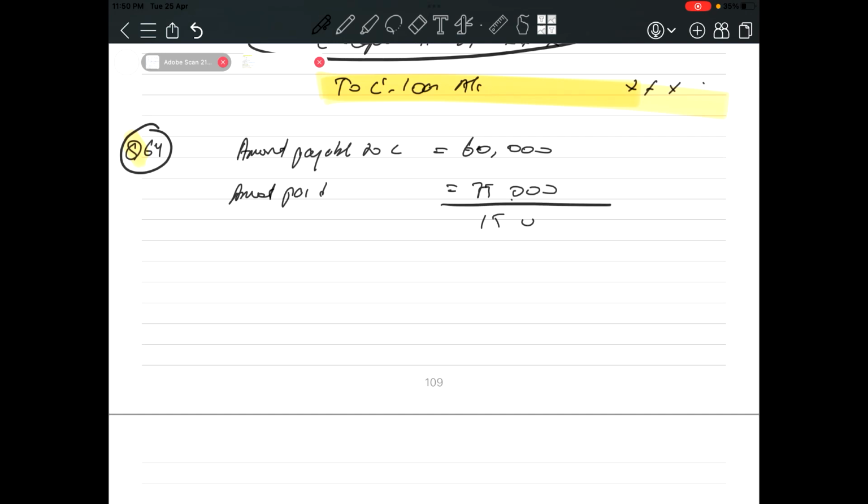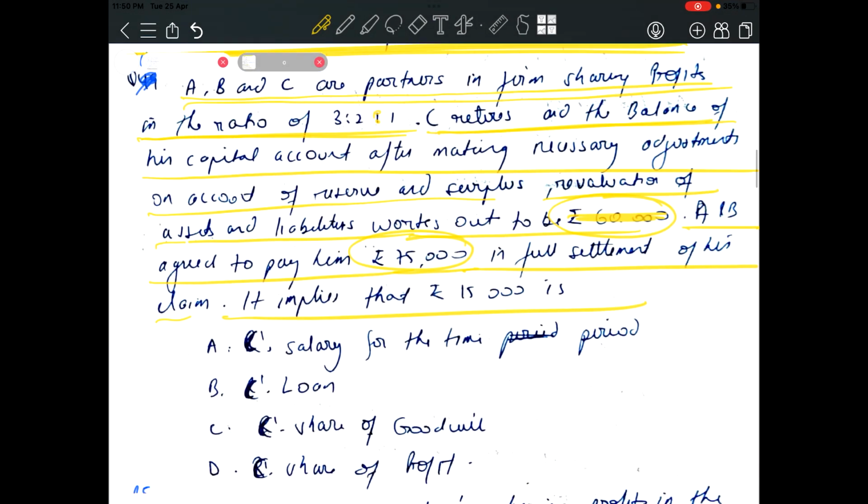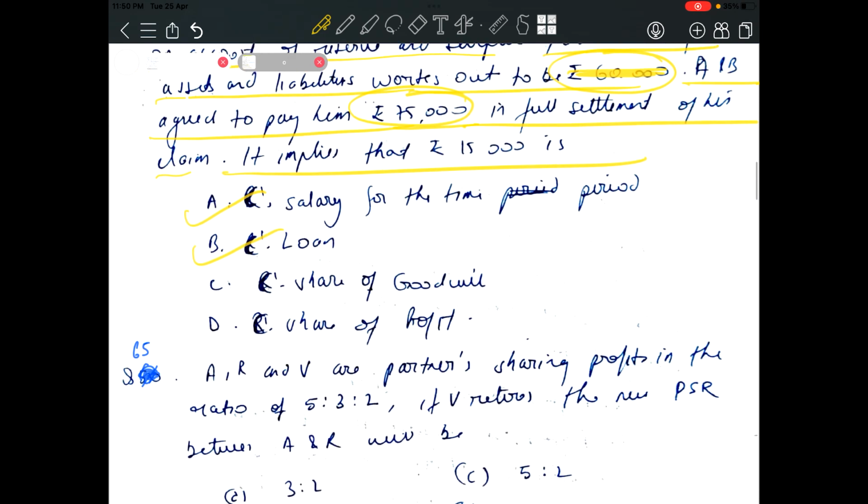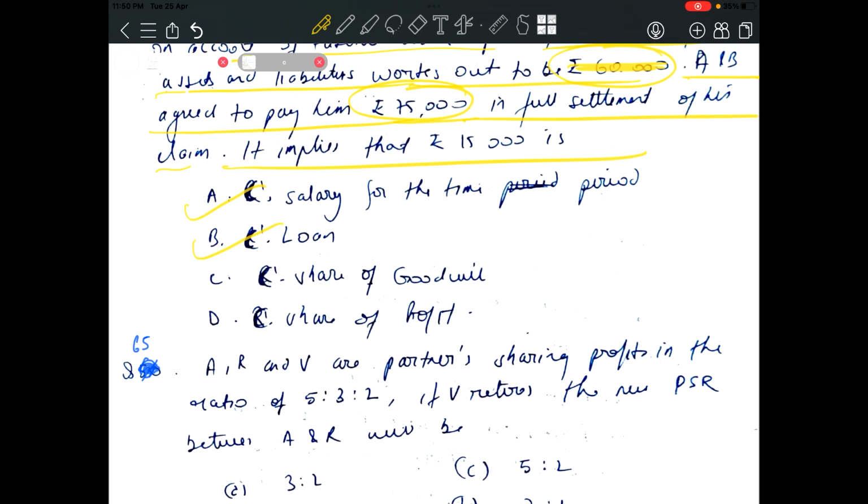So they have paid 15,000 extra. The question is asking, what is this 15,000 for? Let's see the options. C's salary for the time period. Can this be the right answer? No. C's loan. That's not the right answer. C's share of goodwill.